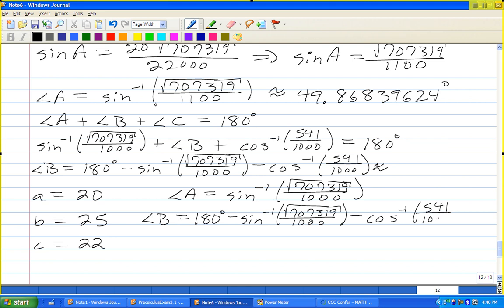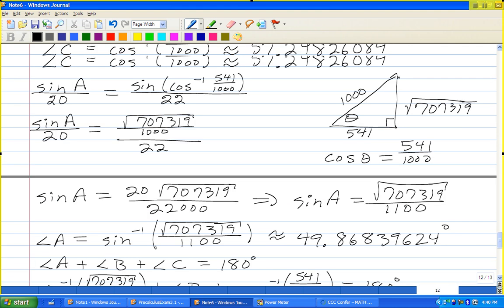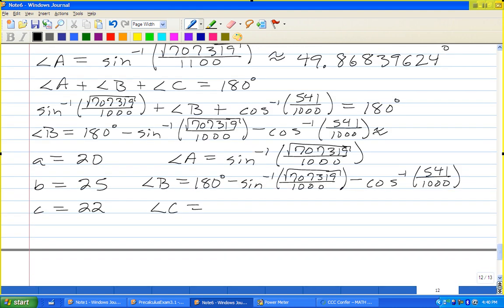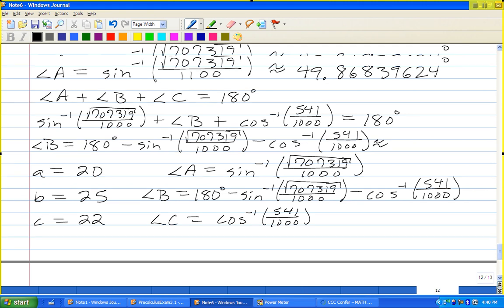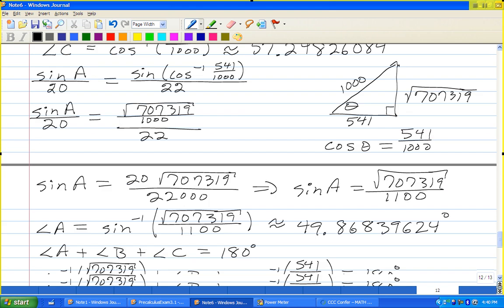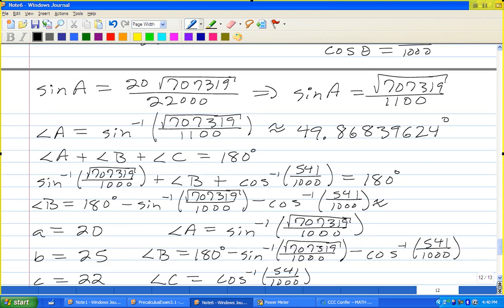And angle C is cosine inverse 541 over 1,000. So I gave approximate values for C, for A, but not for B.